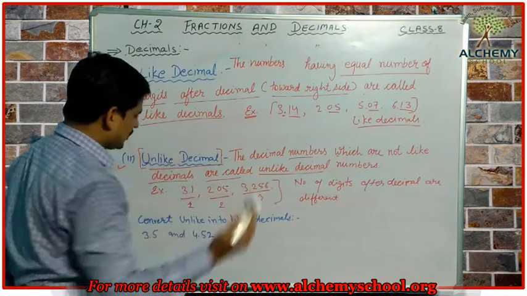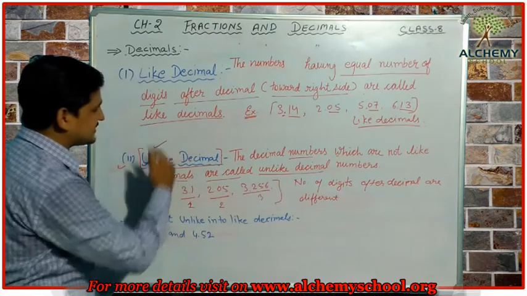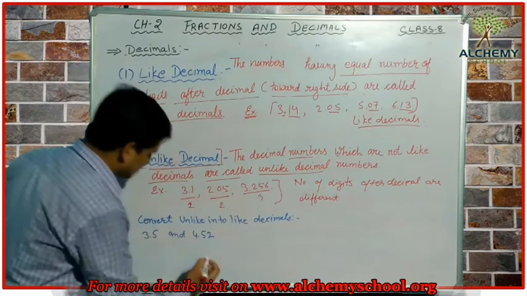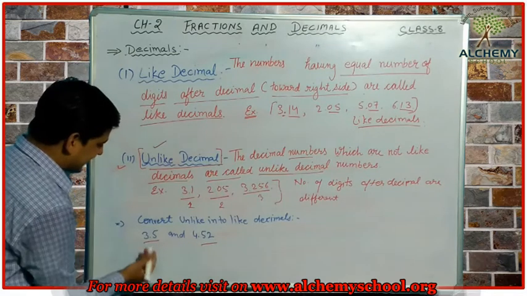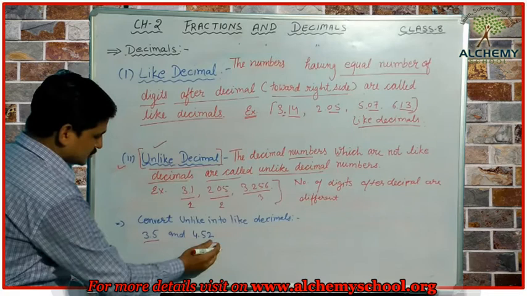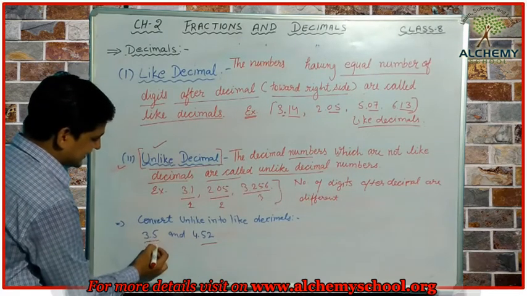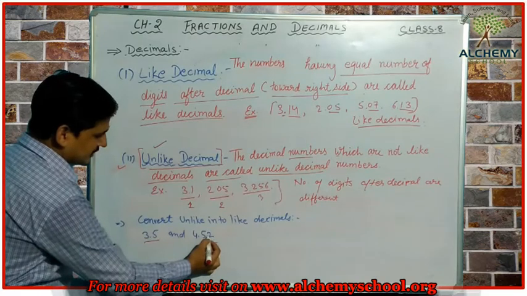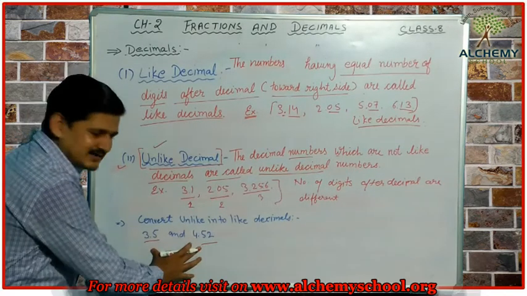Okay. So when we have an unlike decimal, how can we convert it into like decimal? Suppose that we have two decimal numbers, 3.5 and 4.52. Here we can see the number of digits after the decimal point is one digit here and two digits here. It means clearly these two numbers are unlike decimals.